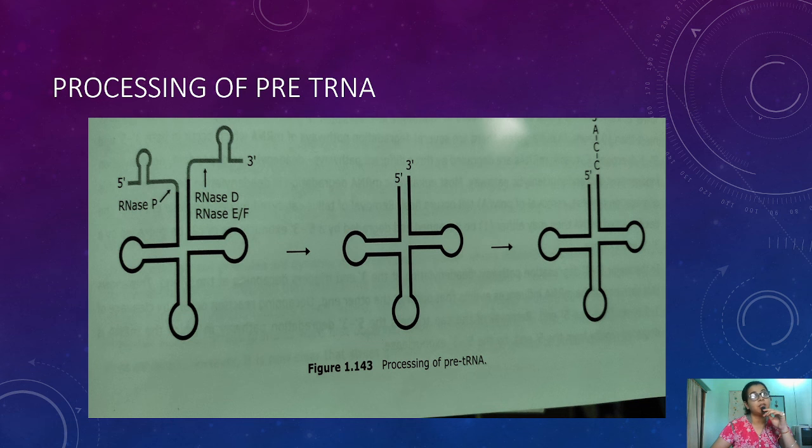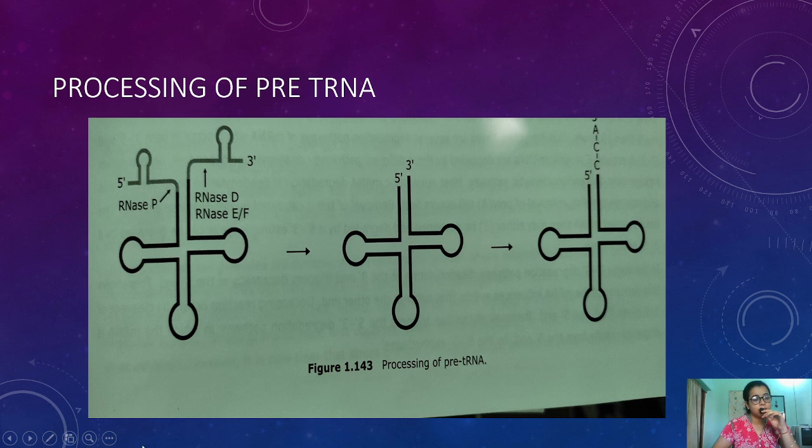So before splicing, the extra 5' end and the extra 3' end need to be cut out, as a result of which the tRNA is now ready for the second process of modification, that is the splicing process.